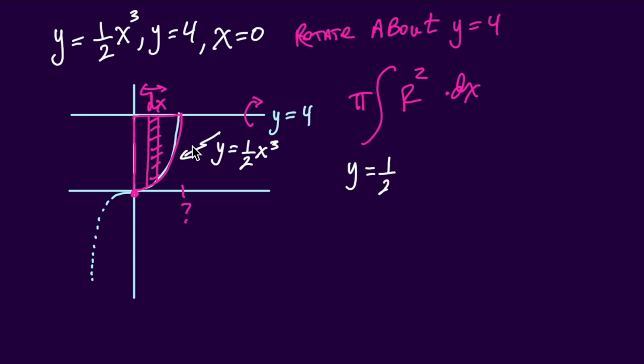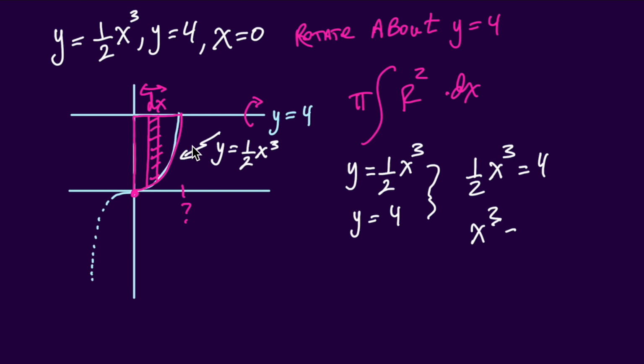So here is y equals 1/2 x to the third, and here's y equals 4. We're going to set these equal to one another. When we do that, we multiply both sides by 2. We get x cubed equals 8 and x equals 2. Therefore, we will be integrating from x equals 0 to x equals 2.